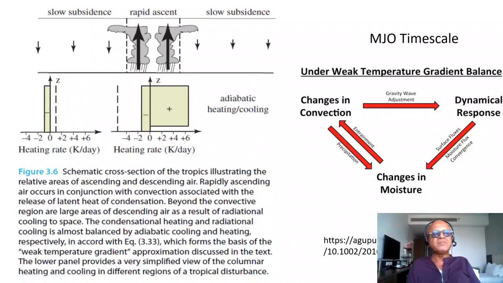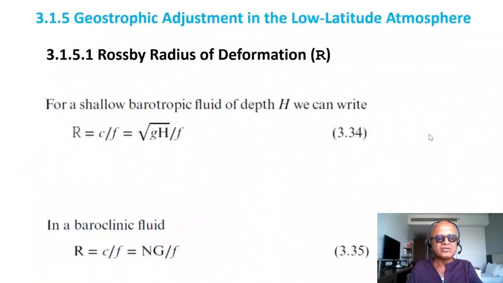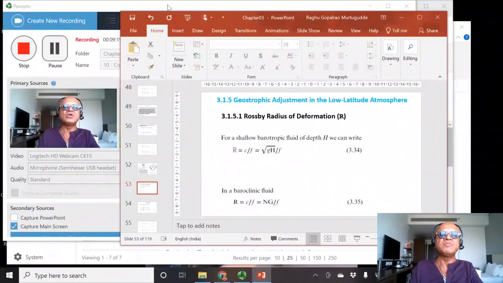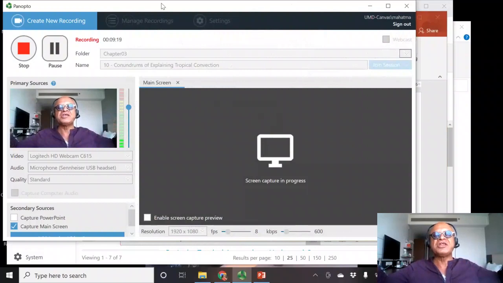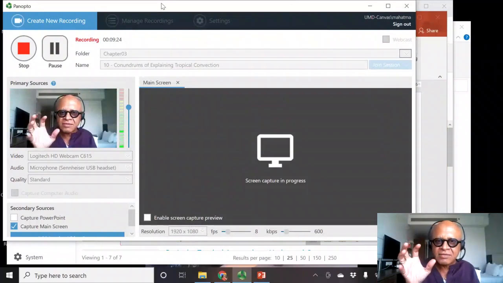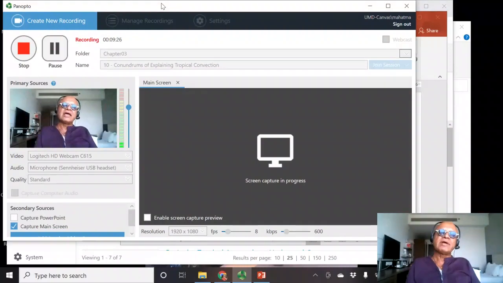Lots of arguments, but basically we have to explain the context of generating dynamical responses in the deep tropics within the background of weak temperature gradients and near barotropic structures, and the large-scale hydrostatic balance, which we argued is still valid.